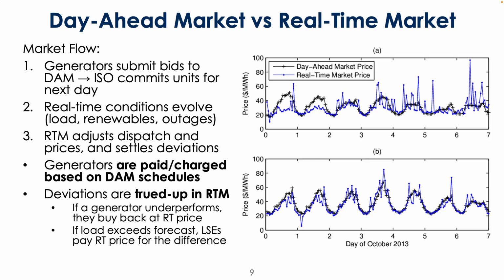So if you're producing too much and I say you need to produce less, you have to buy back at this real-time price. And if I say you need to produce more, I'll pay you at this real-time price, which is going to be more expensive than the day-ahead market. They buy back the deficit of what they weren't able to produce.